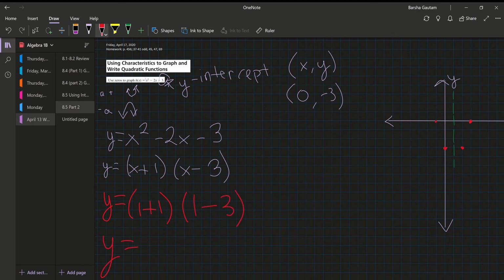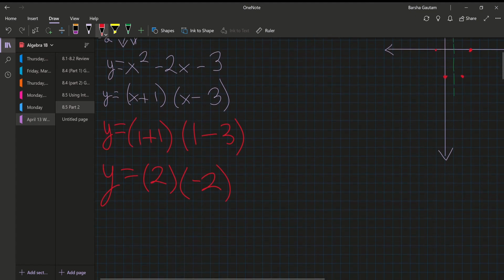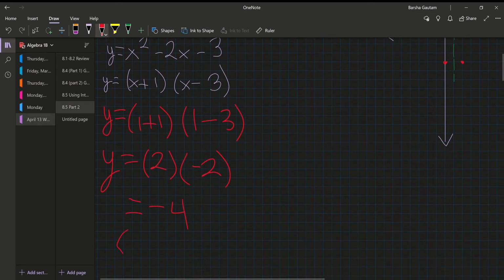So 1 plus 1 is 2, and 1 minus 3 is negative 2. And this is going to give us negative 4. So that means we plugged in 1 for x, and we got a y value of negative 4. And this is our vertex.